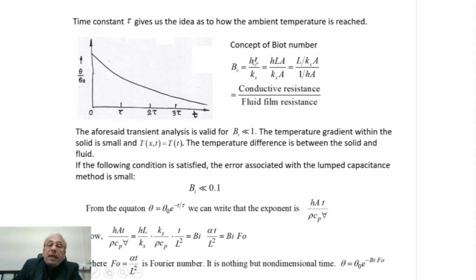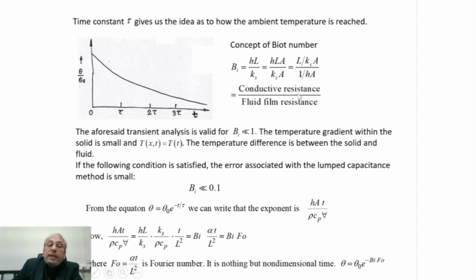which is given by h, the film heat transfer coefficient, times characteristic length, divided by the thermal conductivity of the solid. So we can rearrange the terms as hL times A divided by Ks times A, which can further be rearranged as L divided by Ks A, the entire quantity divided by 1 by hA.